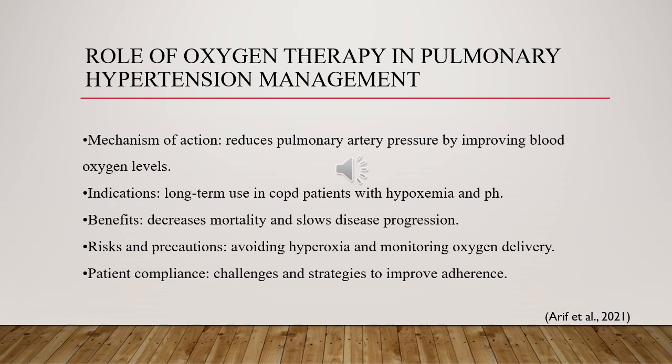Research showed that long-term oxygen therapy is particularly beneficial for COPD patients with severe hypoxemia, as studies have demonstrated its capacity to reduce mortality and improve overall quality of life.